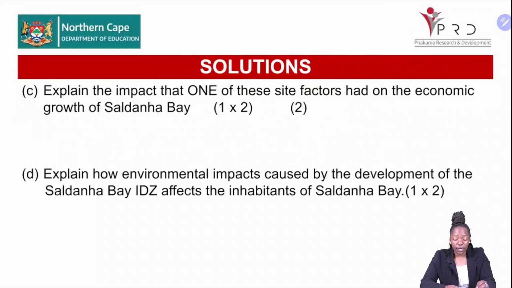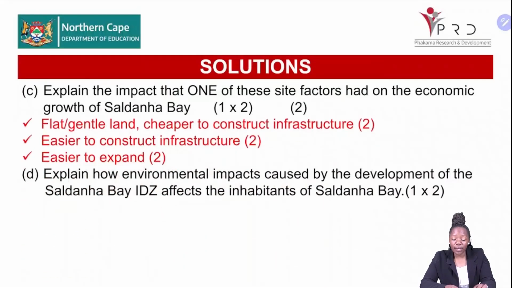Right, girls and boys, looking there at our question C, in explaining the impact that one of these site factors, which is the flat or gentle slope or flat land, had on the economic growth of Saldanha Bay. So number 1, we said the flat or gentle land, it is cheaper to construct the infrastructure, which means they will use less money.